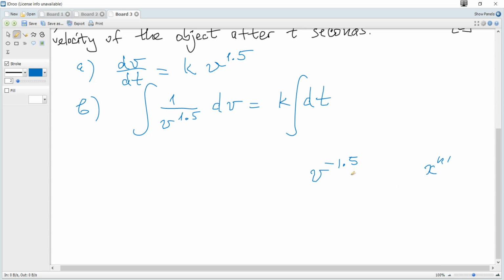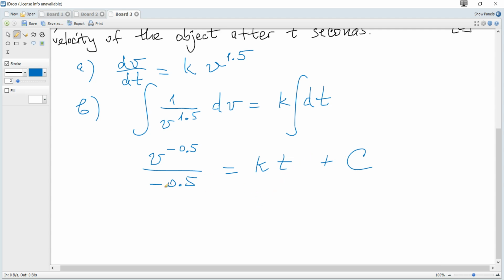Here negative 1.5 plus 1 is negative 0.5, so it becomes v to negative 0.5 divided by negative 0.5 is equal to the integral of 1, which is just t, multiplied by the constant, so kt, plus some constant of integration.